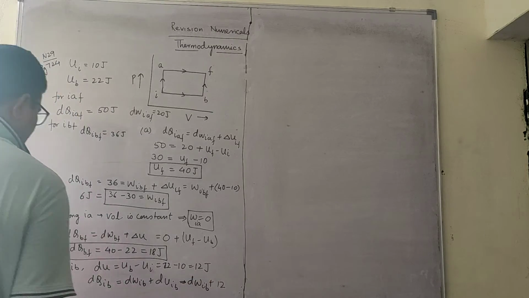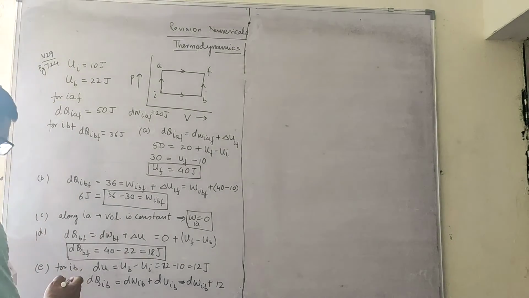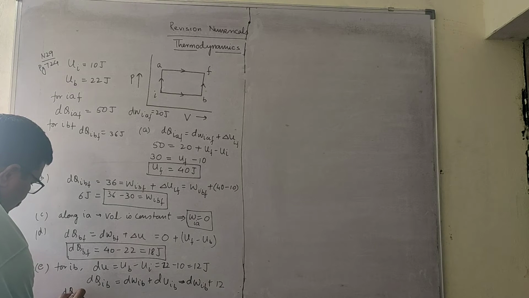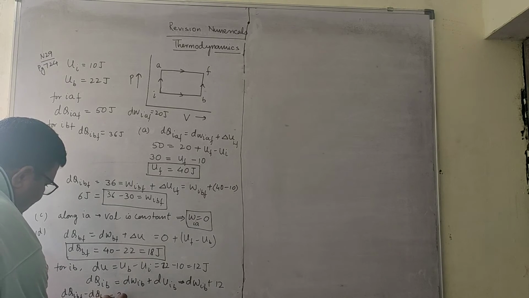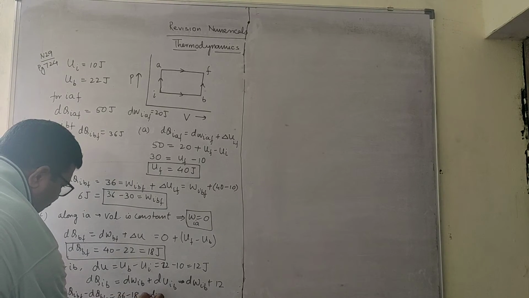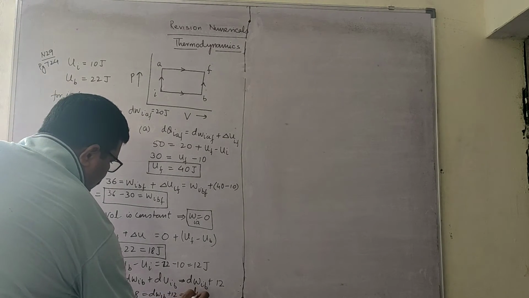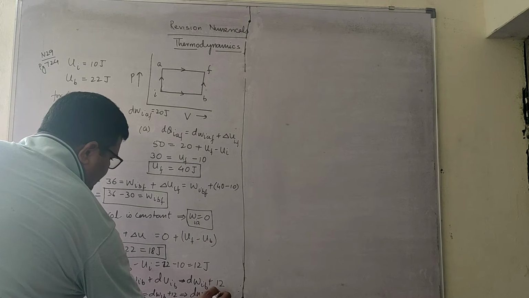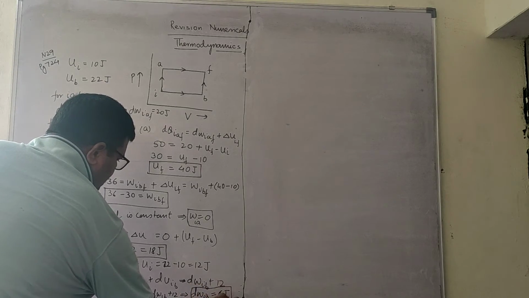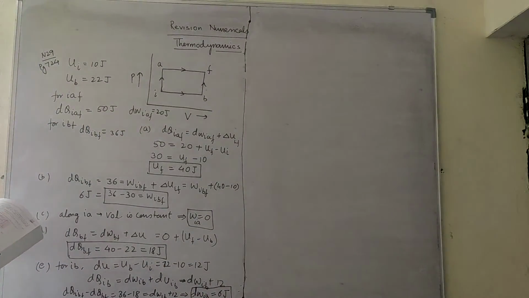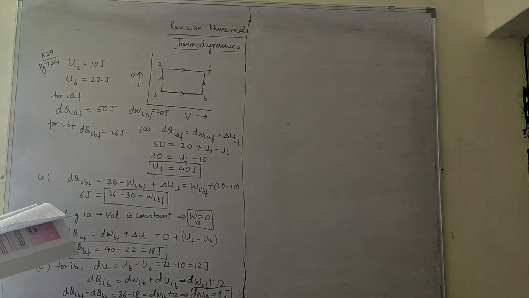This is 12. Now dQ along IB is dQ IBF minus dQ BF, that is 36 minus 18, equal to dW IB plus 12, which implies that dW along IB is 6 joule. This is numerical number 29 of your first law of thermodynamics.